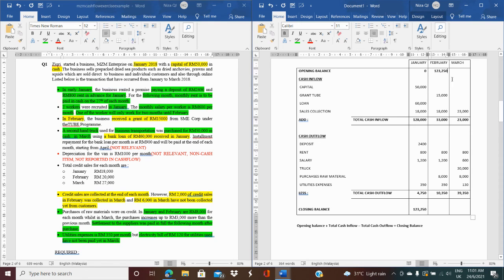Now add 123,250 with 33,000, and minus 10,350. The amount here will be 145,900. So bring it forward to March: 145,900.